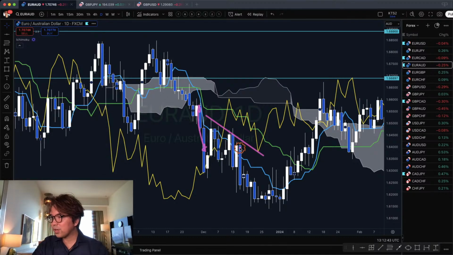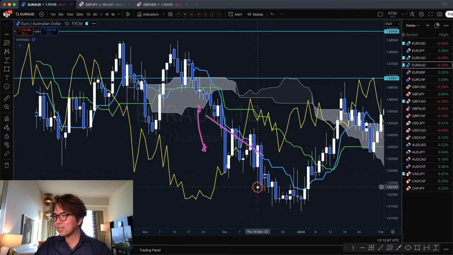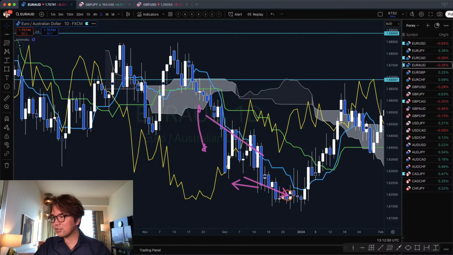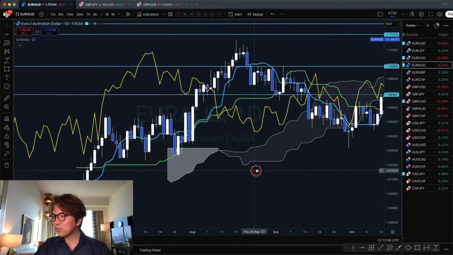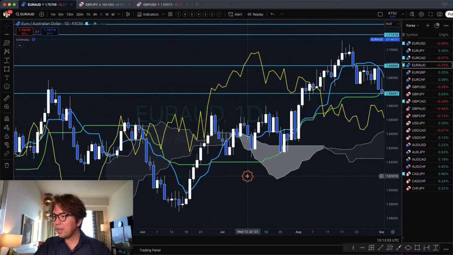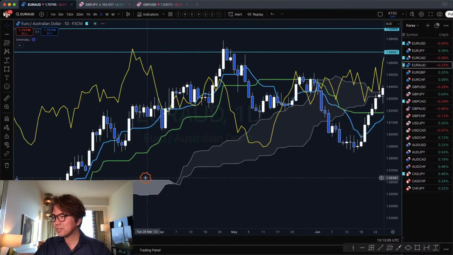But especially when the market comes below Kijun Sen or Tenkan Sen, then it tends to accelerate this way. So this is a very typical pattern in this Ichimoku strategy, and you can find a number of examples of this.